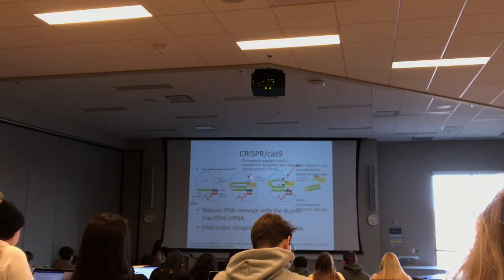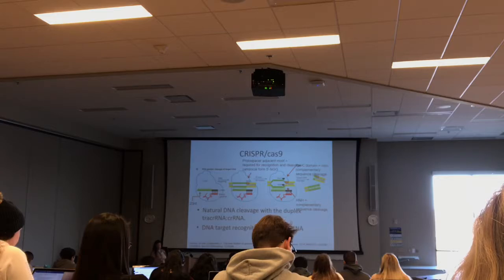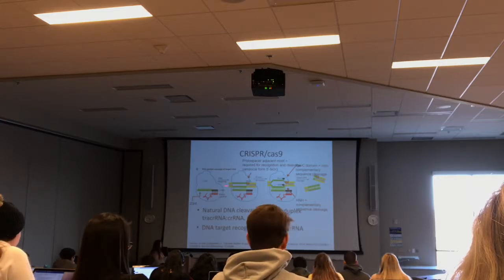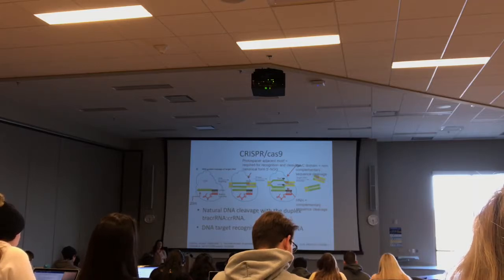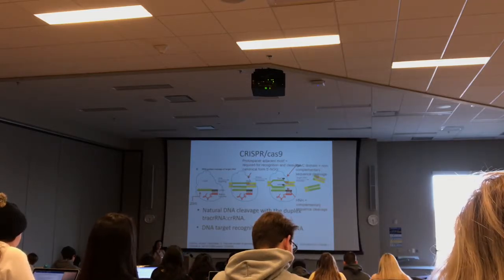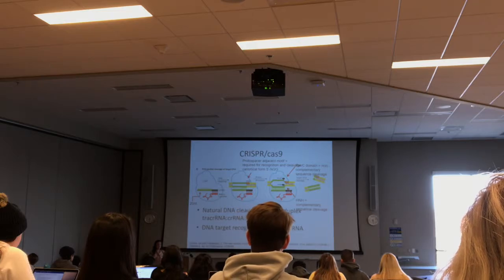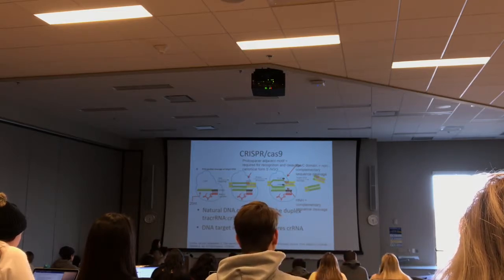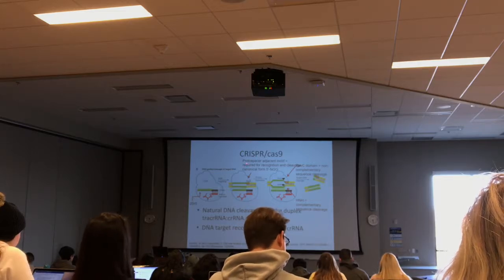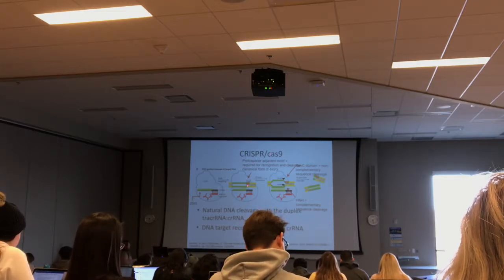And then you also need what? What's key? You can't just have a sequence that's complementary to DNA. What also is necessary to get binding at that region? The PAM. So in your answers, you need to talk about the PAM, the protospacer adjacent motif.